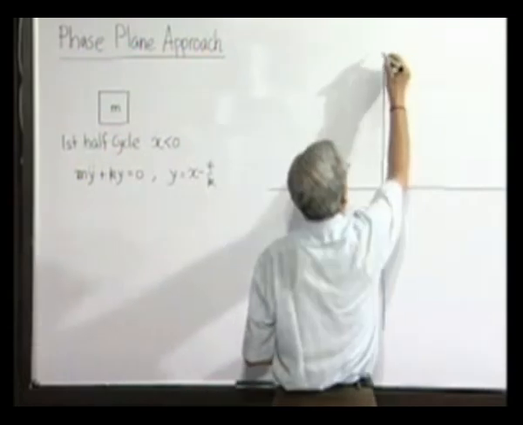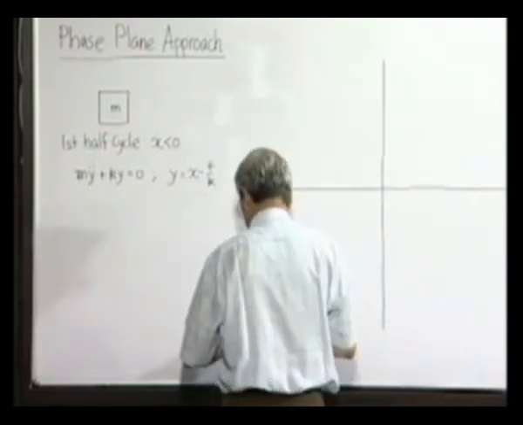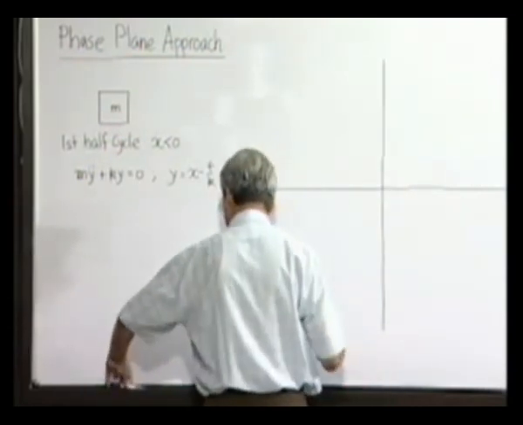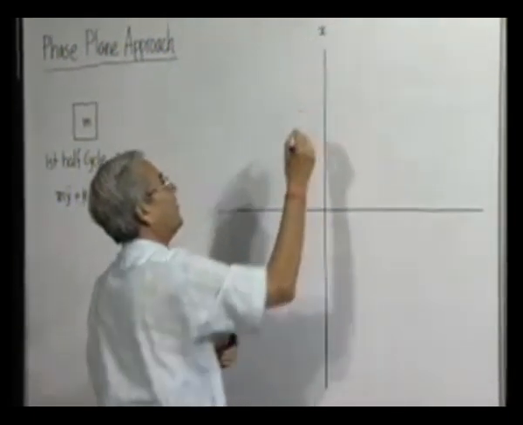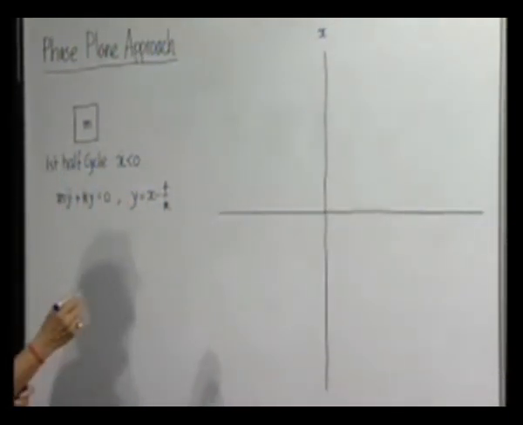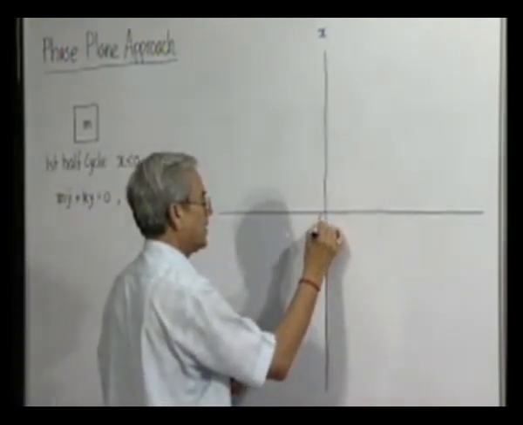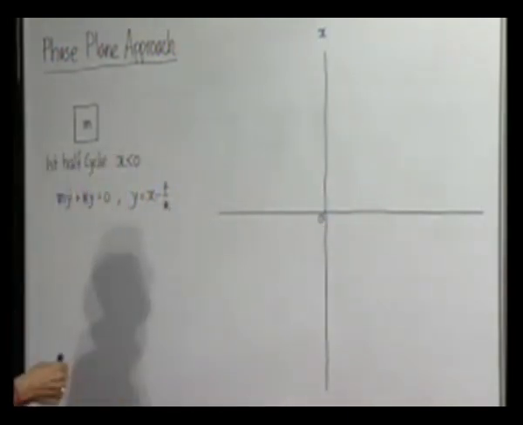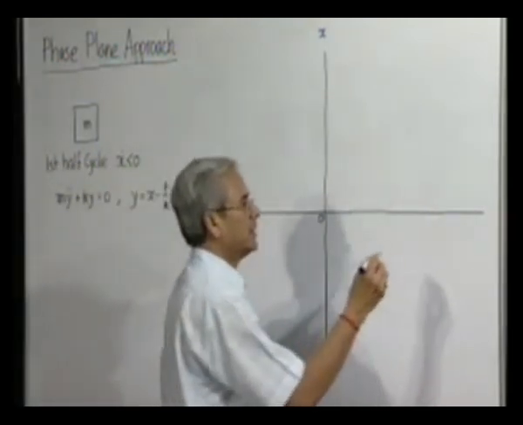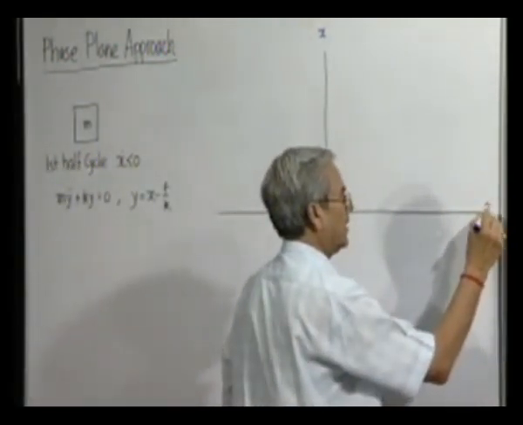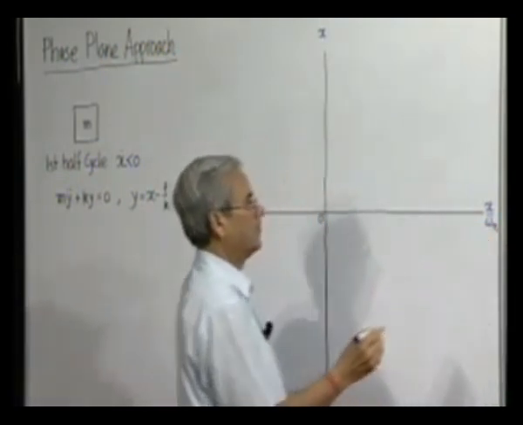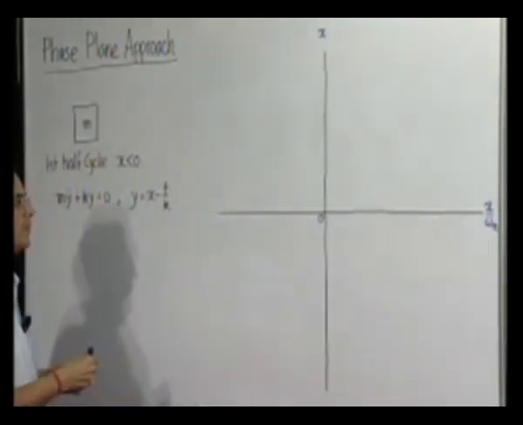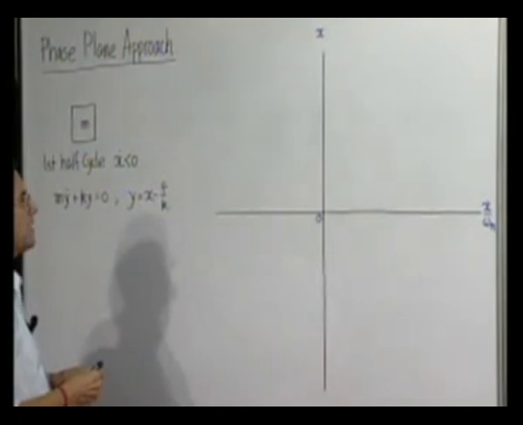So if we plot x by the blue, and this is the origin for x, and this side is x dot, which will be same as y dot.